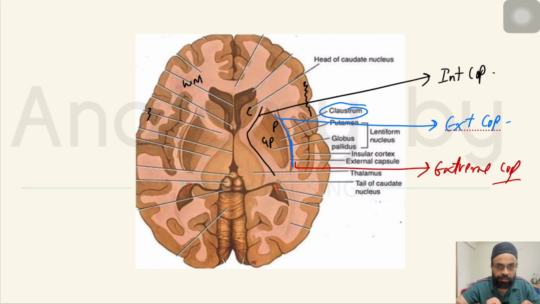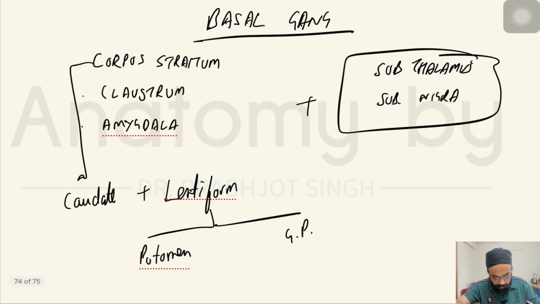So this is the basic orientation. Basically the caudate and putamen are connected with the help of some striations. That's why it is known as corpus striatum. Now we know that the brain is developed in the form of neocortex, paleocortex, and archicortex.